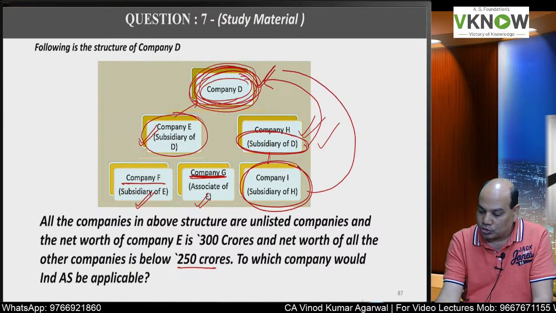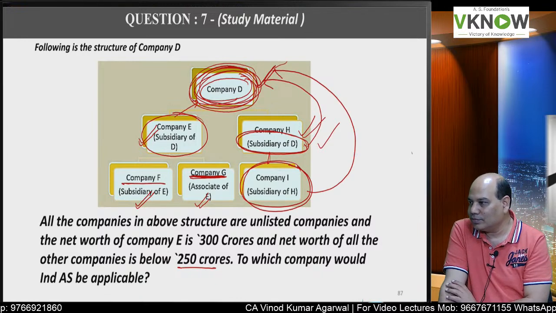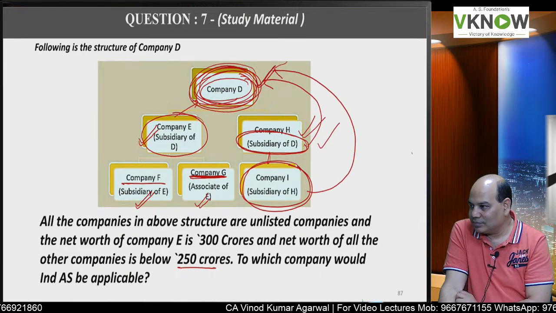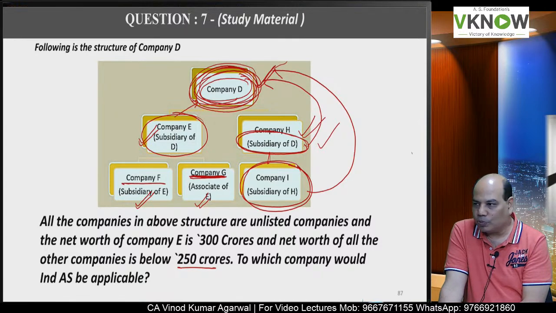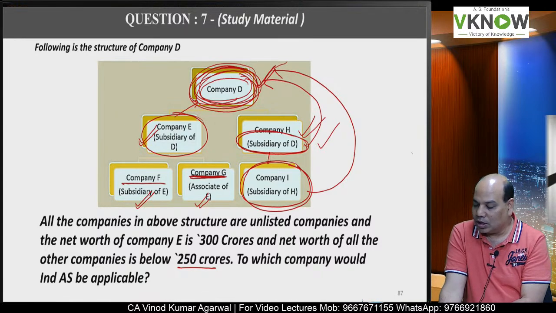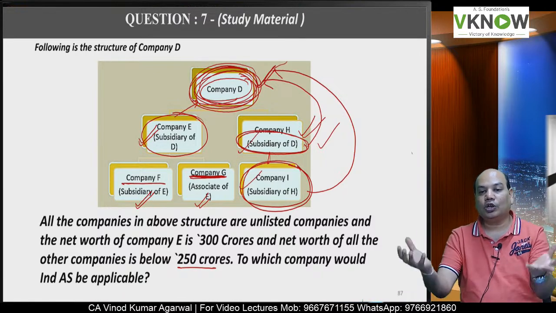So this will also, either it will voluntarily adopt Ind AS, is it right? Or it will prepare 2 sets of financial statements so that the parent can consolidate. So some group companies ask these 2 companies also to voluntarily adopt Ind AS.